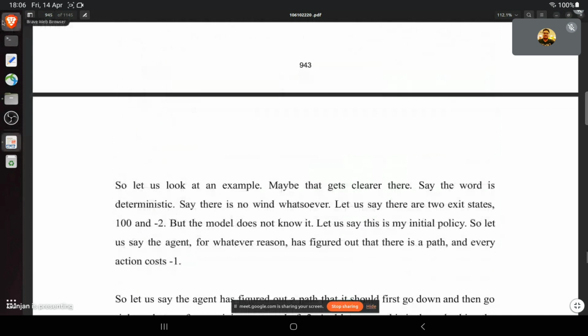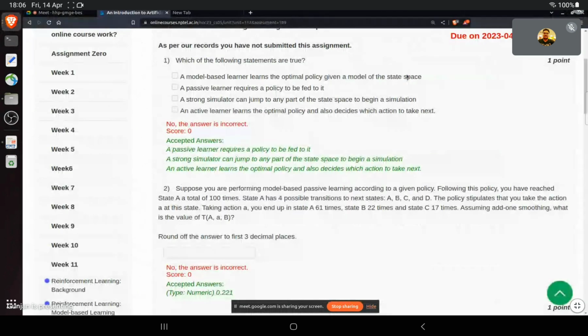So is it clear now that given a model of the state space, that is not true, because you are also estimating the model of the state space, and then based on that you learn the policy. If the model is given, why do we even need to learn anything? If the model is given, it's basically a Bayesian network problem.